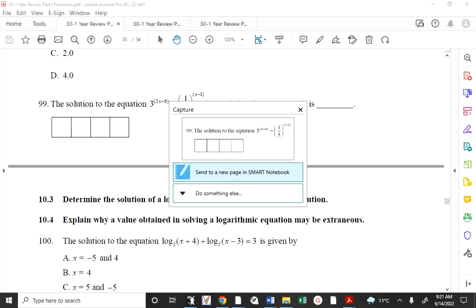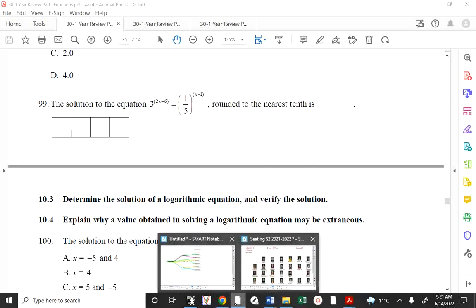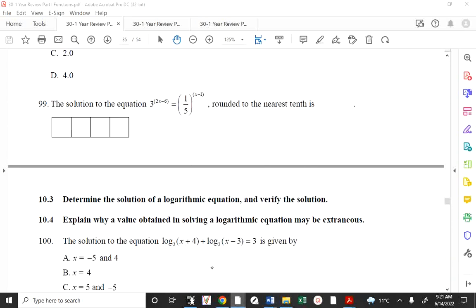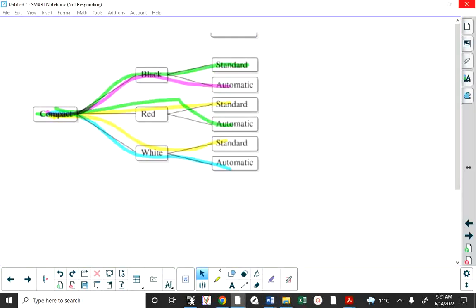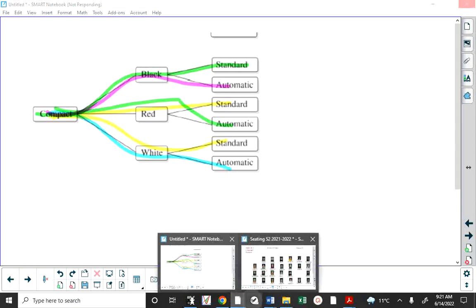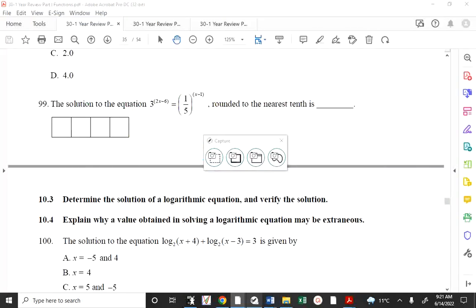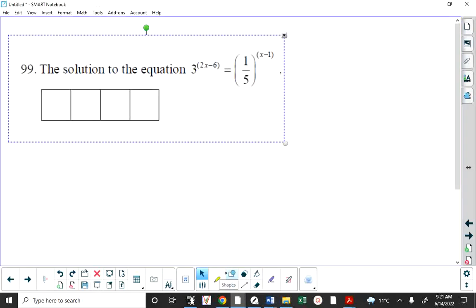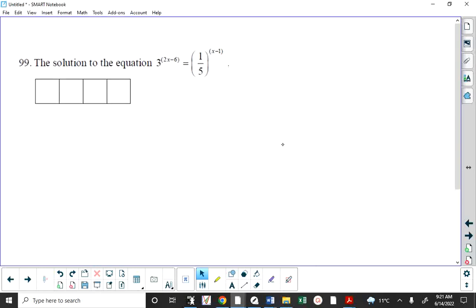Diploma exam or unit exam or anything. Probably 3 marks. It wouldn't be 2 marks.